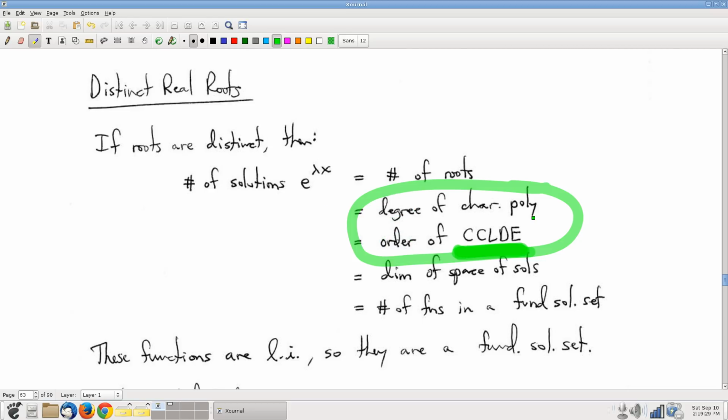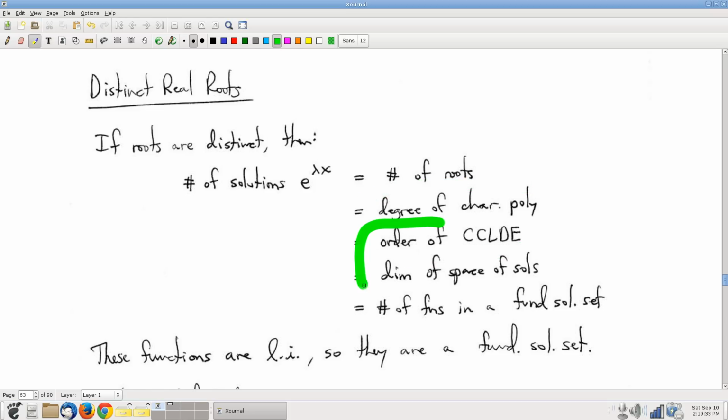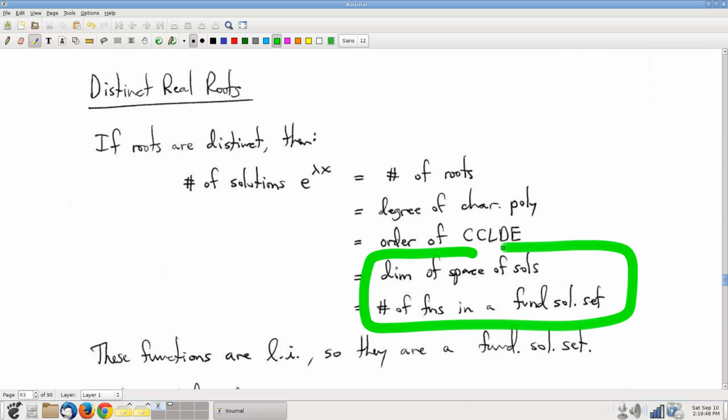Okay, all right. What else is equal to the order of the differential equation? Well, we saw long ago that the order of the differential equation tells you the dimension of the space of solutions. And what does the dimension of the space of solutions equal? Well, it equals the number of vectors in a basis.